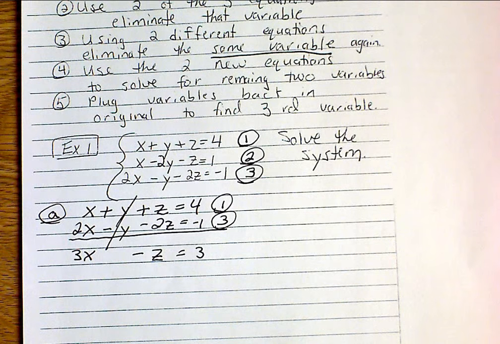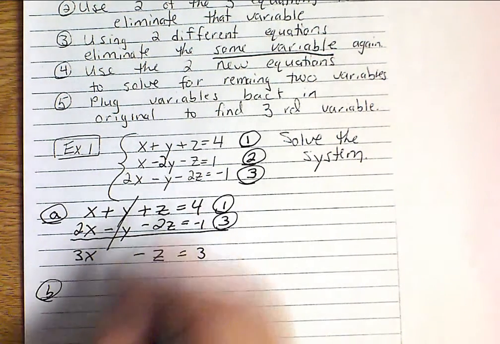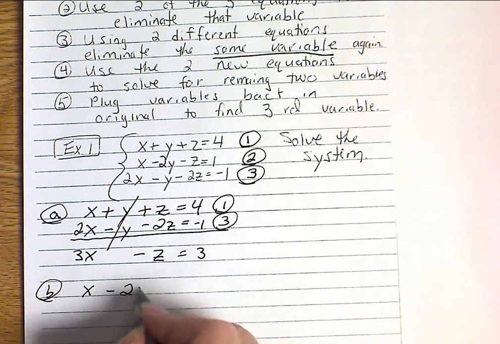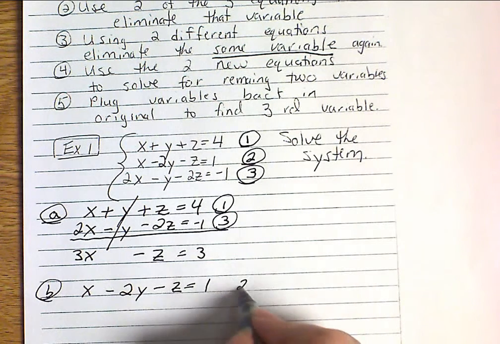What equation have we not used yet? The middle one, the second one. So in our next one, we have to use that middle one. So we have to use x minus 2y minus z is equal to 1. We have to use that equation.